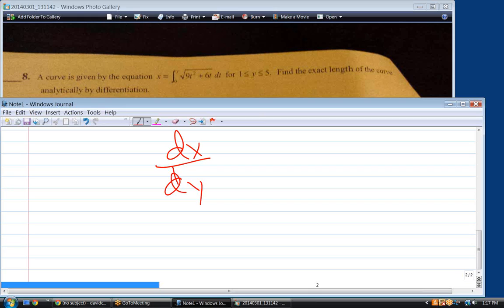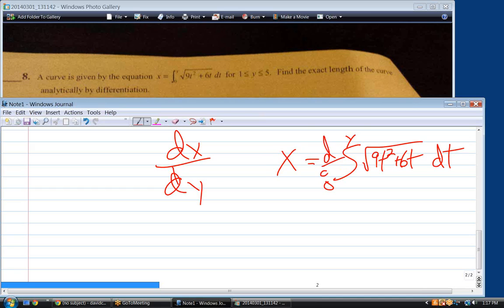If x is equal to the integral from 0 to y of this function, the fundamental theorem of calculus says that if we take the derivative of x relative to y, it's equal to that function.